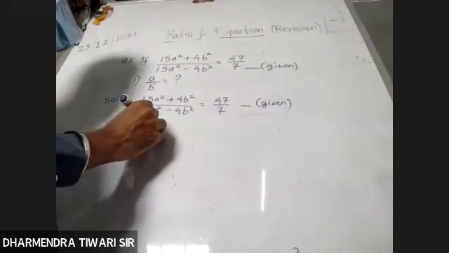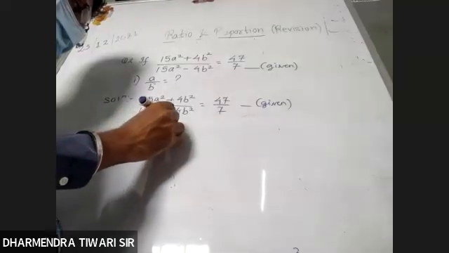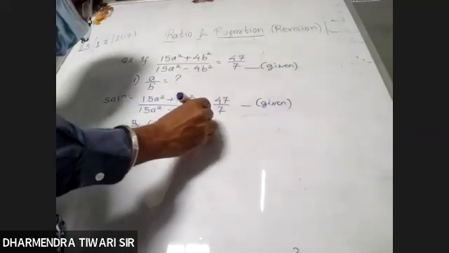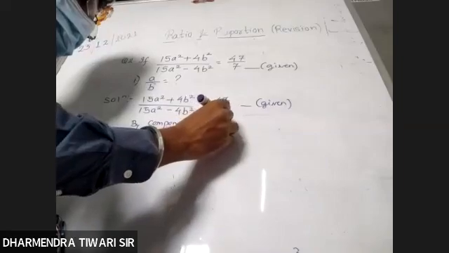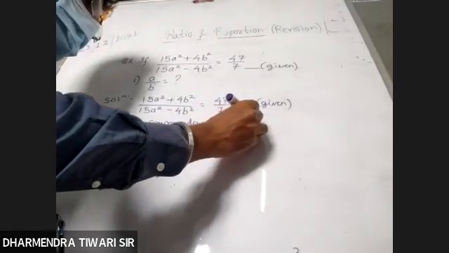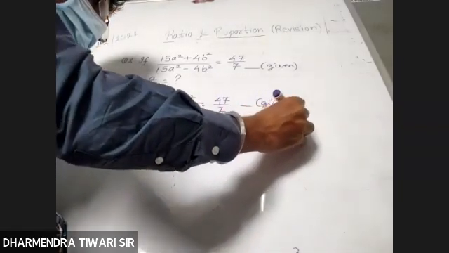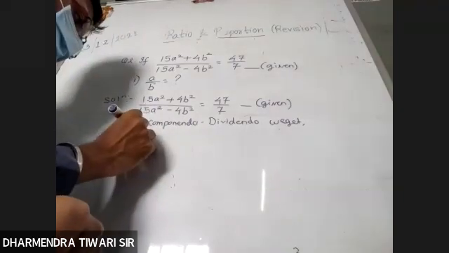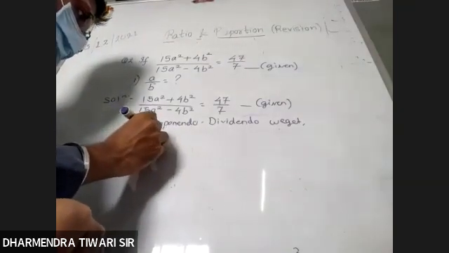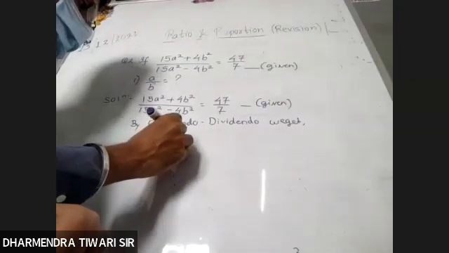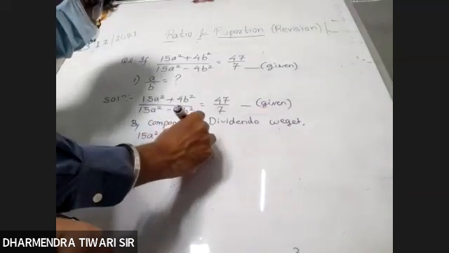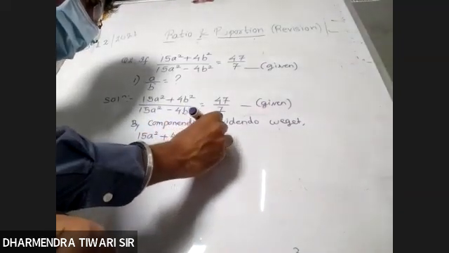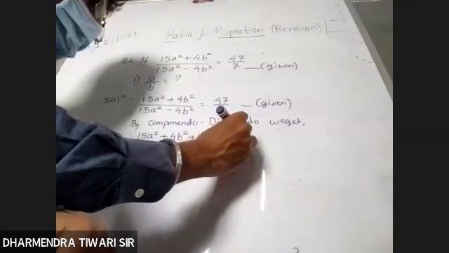By componendo and dividendo, we get 15a square plus 4b square plus 15a square minus 4b square.